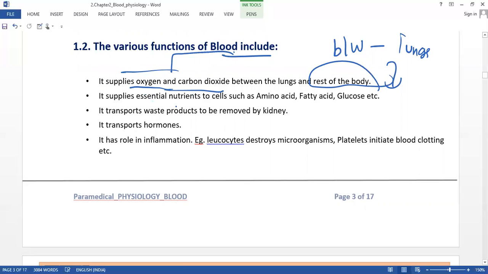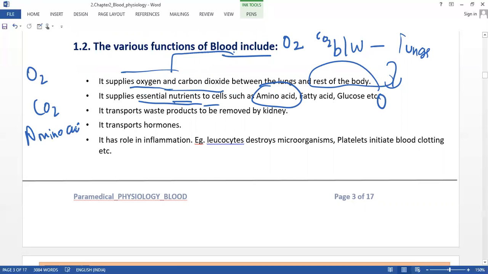It also supplies essential nutrients to the cells, so I'll mention here: carbon dioxide, oxygen, amino acids, fatty acids, and glucose.